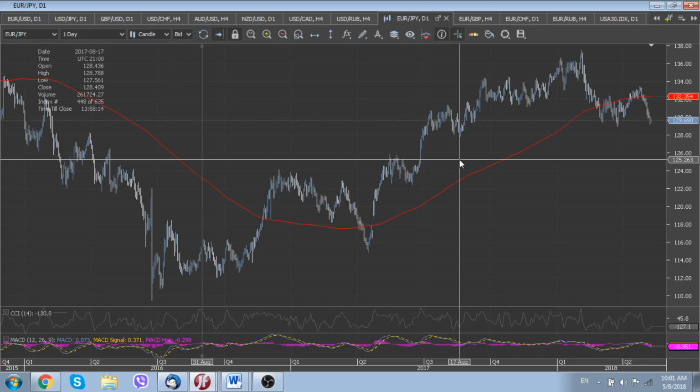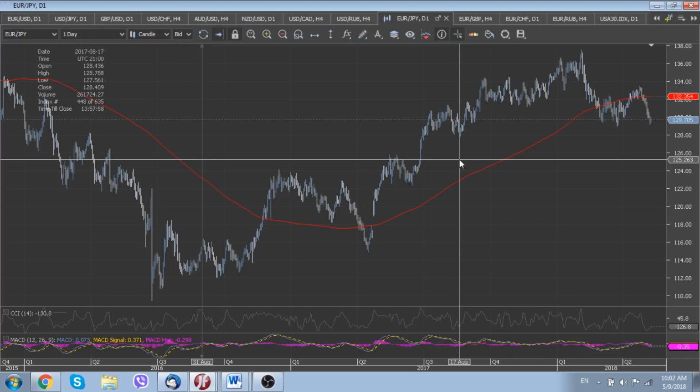That means that this pair should remain under selling pressure in the nearest future, taking into account all the negative circumstances associated with the single currency right now.